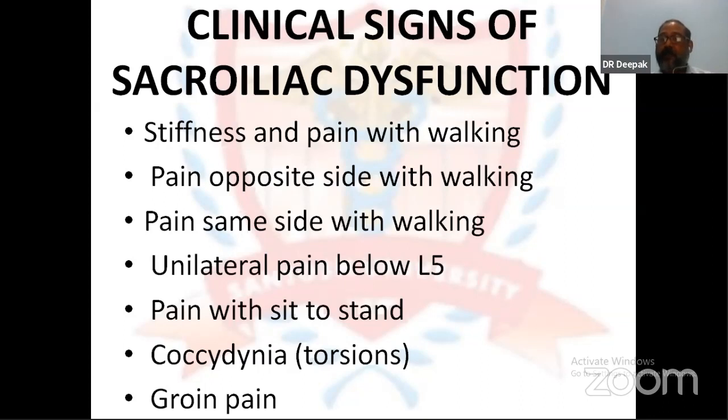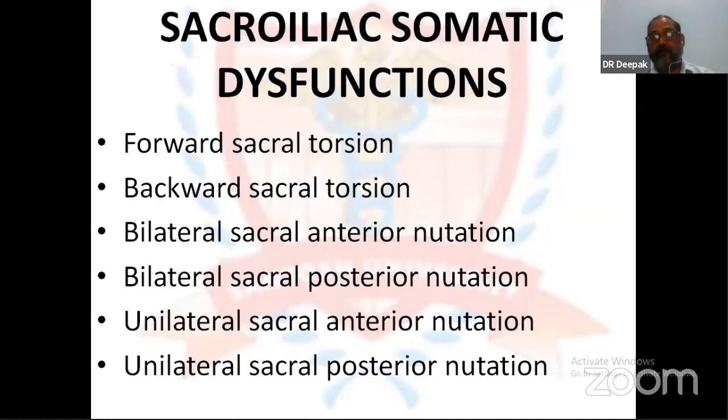Second is pain on the opposite side with walking. Third is pain on the same side with walking, unilateral pain below L5, and pain with sit to stand. Not stand to sit, it is sit to stand. उठने जब पेशेंट को खड़ा होने में प्रॉब्लम होगा तो वो SI joint involvement हो सकता है, right? Then coccydynia and groin pain. These are the clinical signs of SI joint dysfunction.